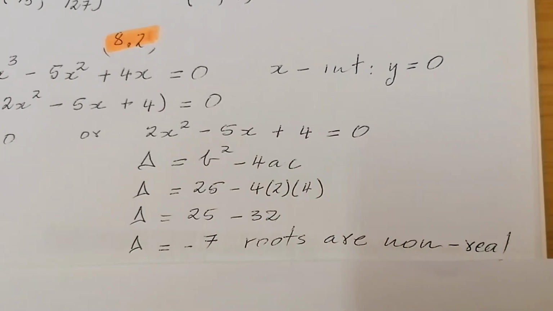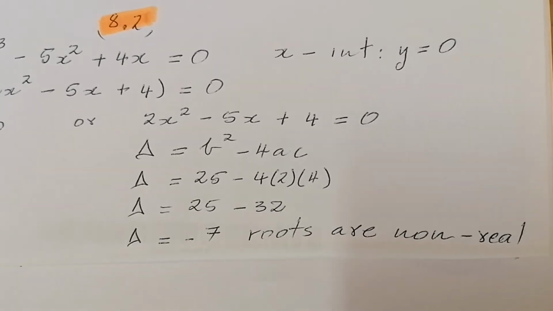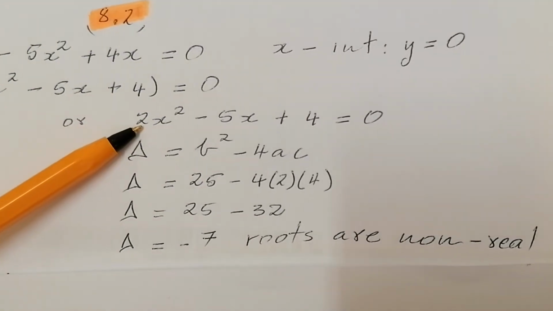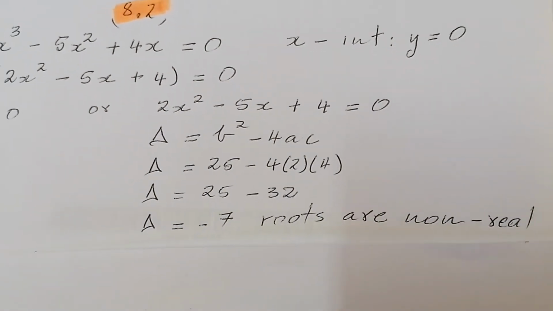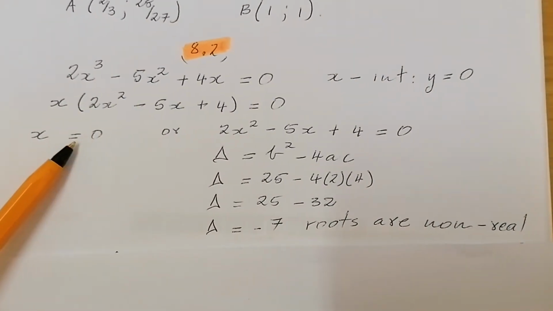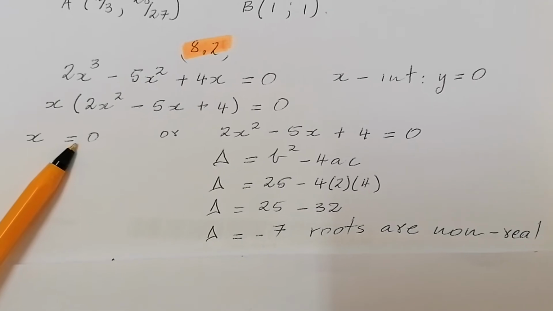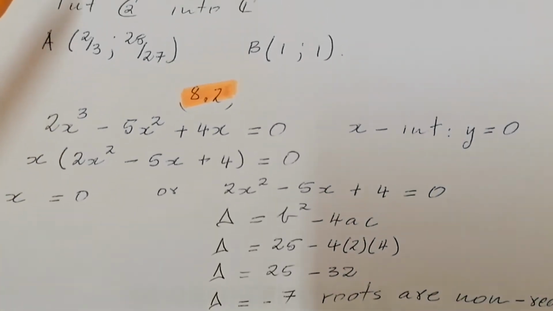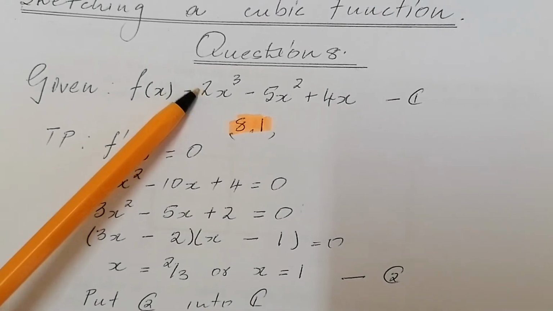Now remember, when delta is less than 0, that means the roots of this equation are non-real. What does that mean? It means that there is only one root that is actually there for this equation.